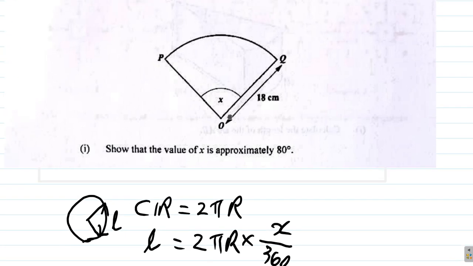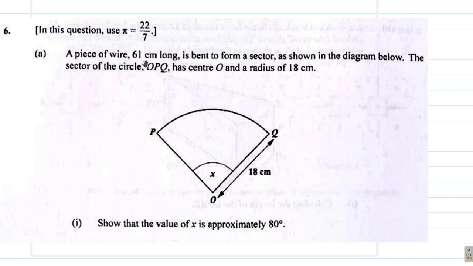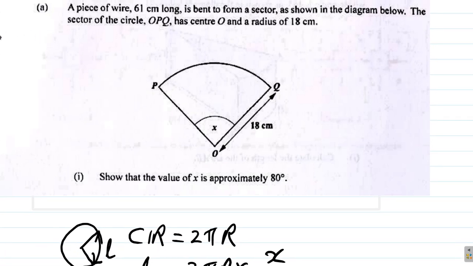Now the thing is, you have the entire piece of wire, 61 centimeters. What you need to know is what is this length here. Call it L. Now, you have 18 here. This must be 18 as well.